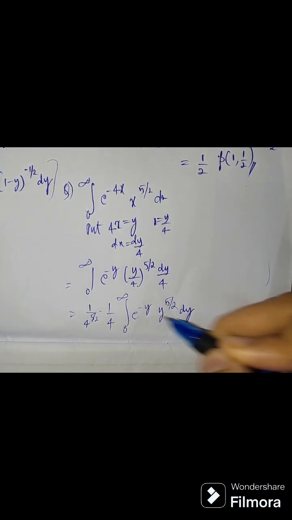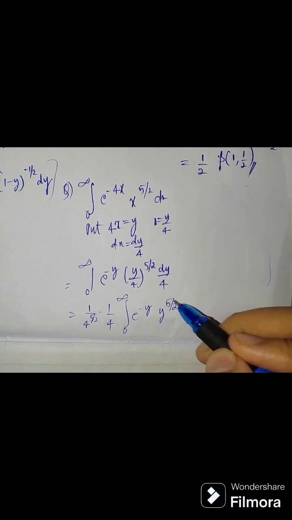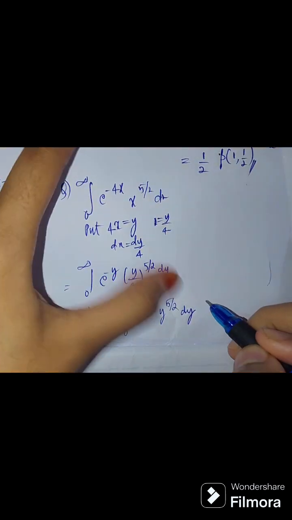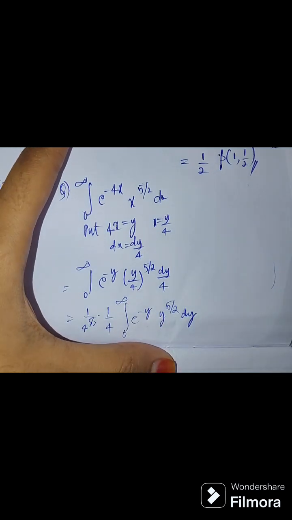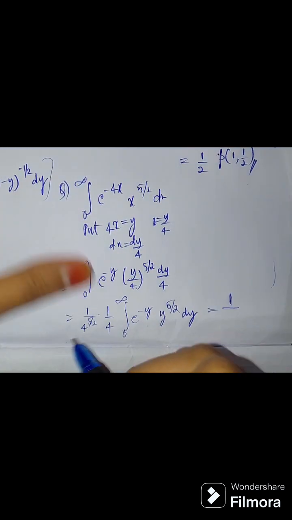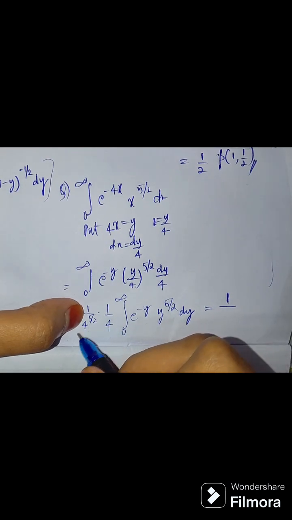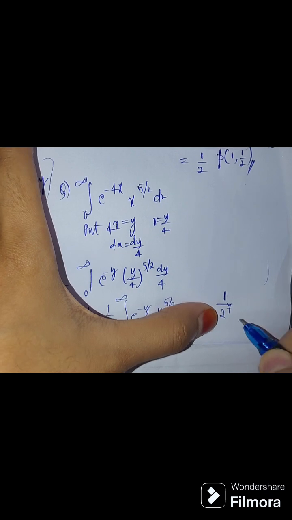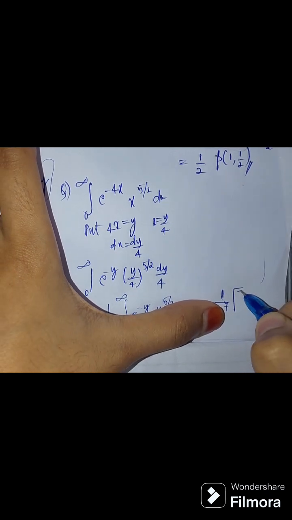So this is my answer. Here my n minus 1 is 5 by 2. So n here is 7 by 2, right? So I can write 1 by 4 as 2 square. So we can cancel 2 power 5 with 2 square. So 1 by 2 power 7 gamma 7 by 2.